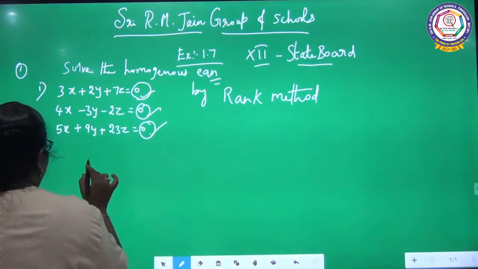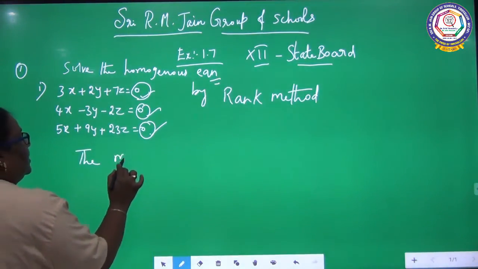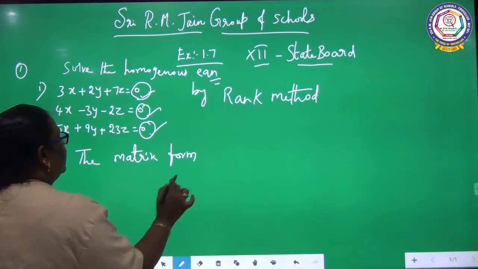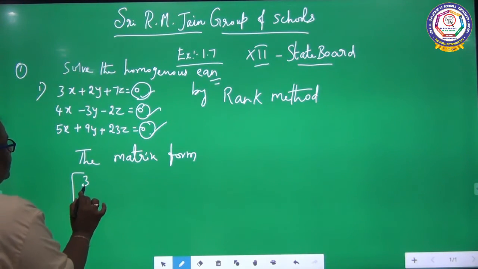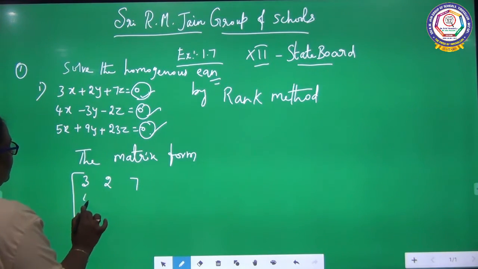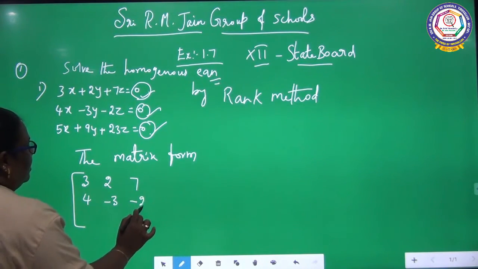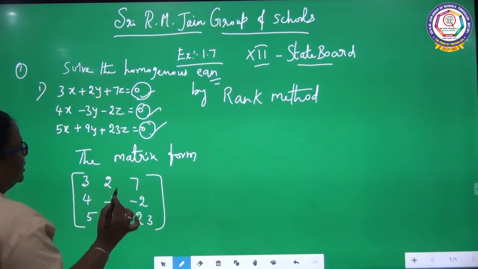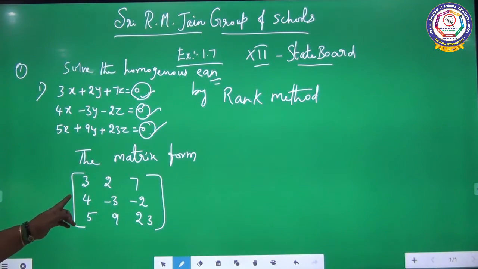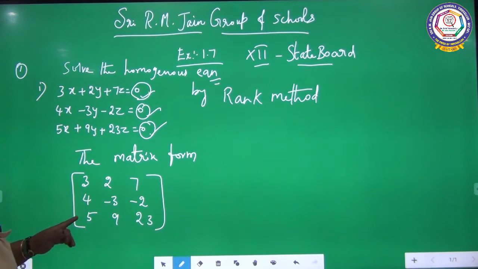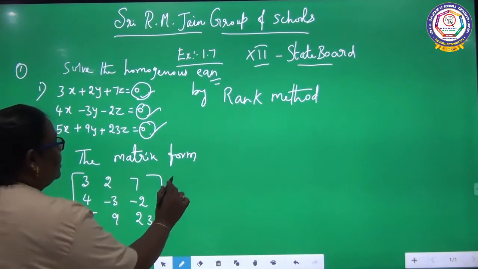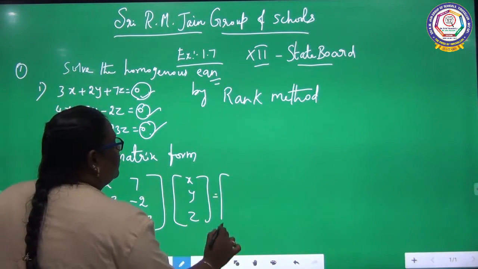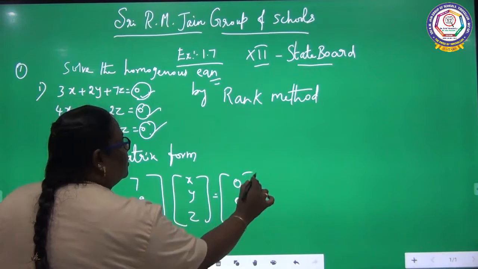First, what we are going to do? You write it in matrix form. See, what is that matrix form? 3, 2, 7, 4, minus 3, minus 2, 5, 9, 23 into x, y, z equal to 0, 0, 0.